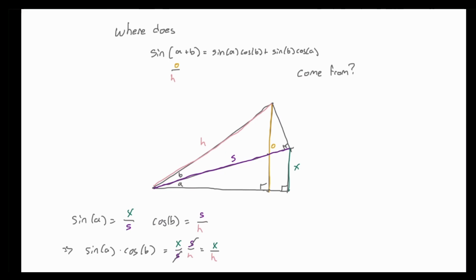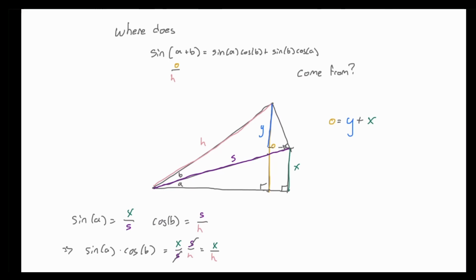So what if I just kind of transpose this line over here, and I look now at this line segment of this smaller triangle here, which I'm going to call Y. So right off the bat, I have O is Y plus X. Okay. So maybe if we can figure out Y, then I can figure out O.